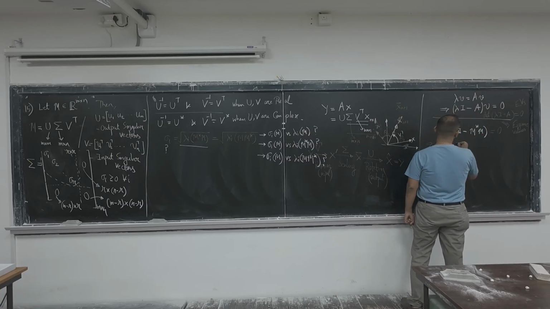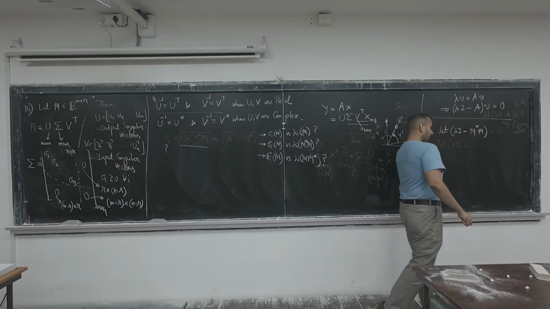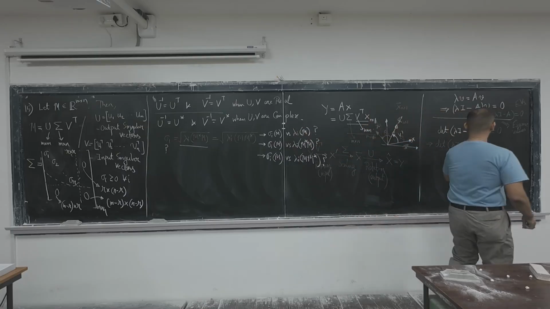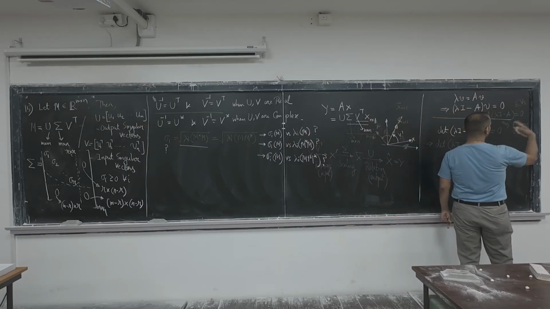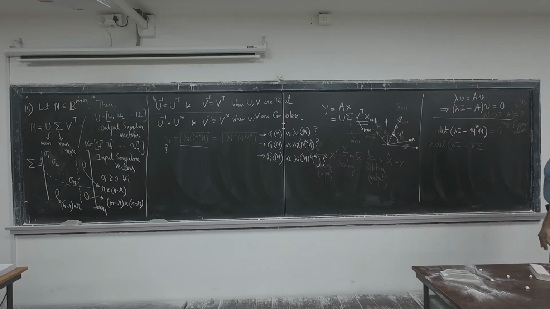Determinant of lambda I minus M star M. You use the SVD expansion. M means U sigma V transpose, or even V star. So if you take the M star, then what will happen?